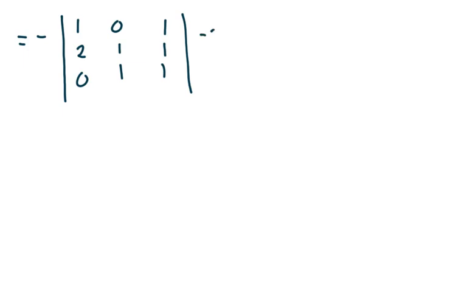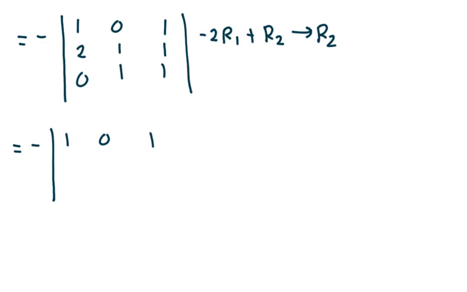And then if I take negative 2, row 1, add it to row 2, and I'm going to put that result back into row 2. When I do that, I get negative the determinant of 1, 0, 1, 0, 1, negative 1 for the second row, and then 0, 1, 1 for the third row.